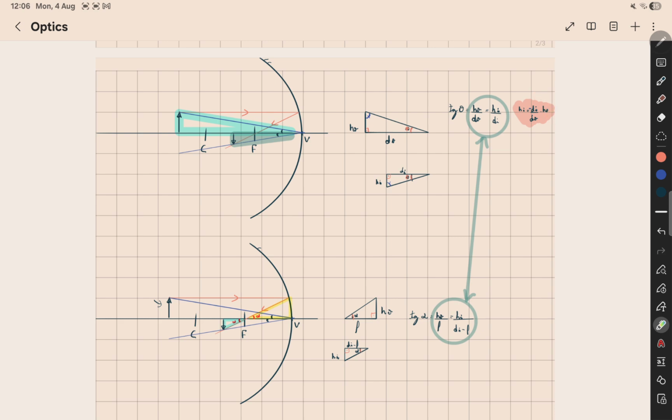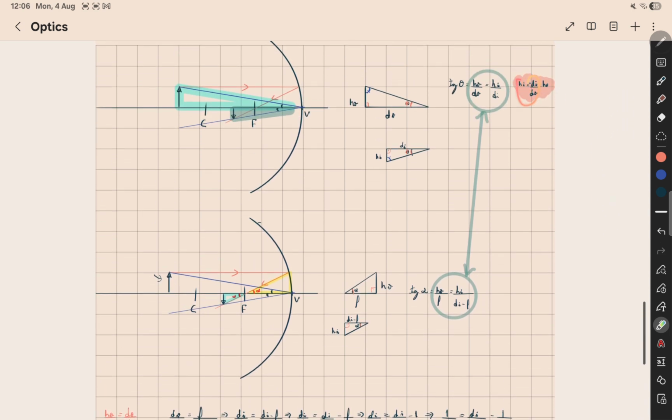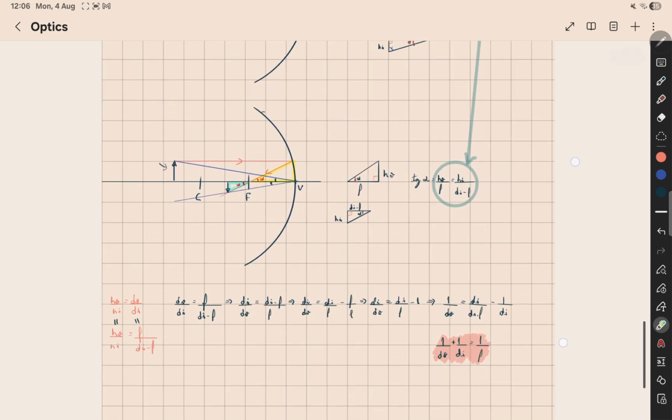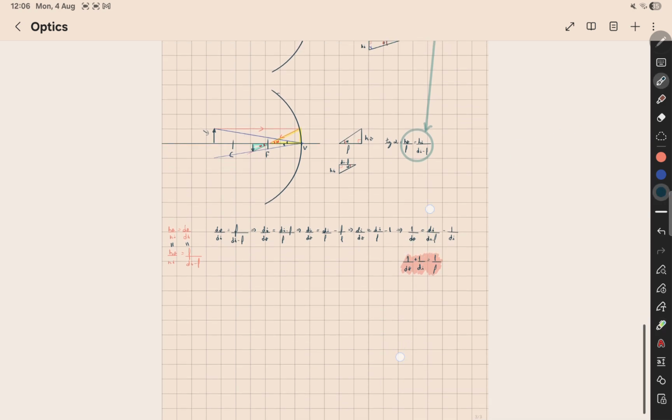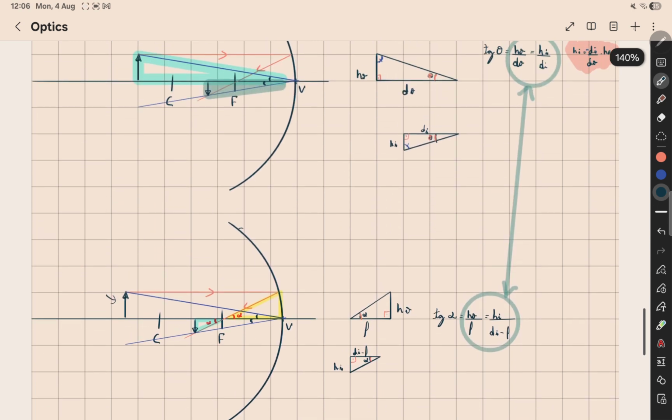So by knowing the focal length and the distances, I can fully describe the image with those two simple equations. Of course, it took us a little bit of work to get here, but now we can just apply those equations. Okay, we just have to be careful with the sign convention.